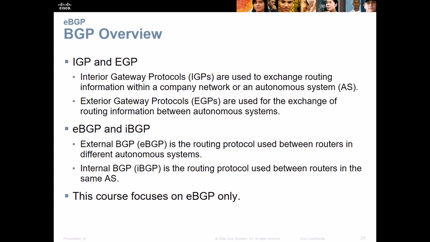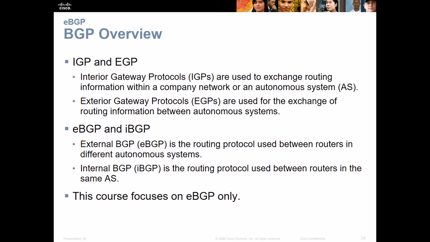Now let's talk about Border Gateway Protocol, BGP. You have IGP, the interior gateway routing protocol, and the exterior gateway routing protocol. Interior gateway routing protocol is when you have, let's say, a service provider that uses OSPF or EIGRP between routers within an area, and they send updates to each other.